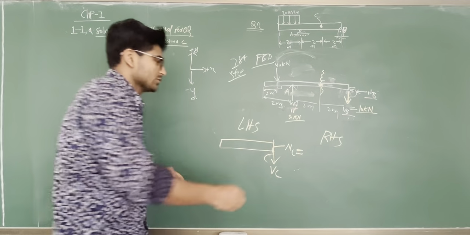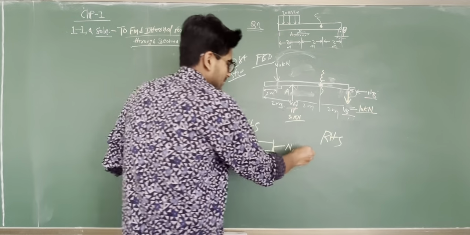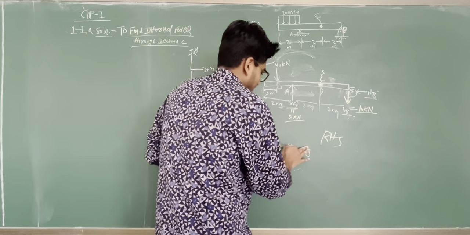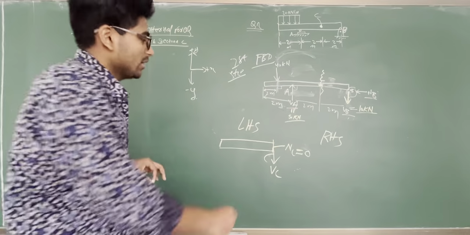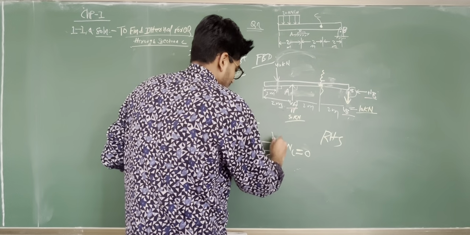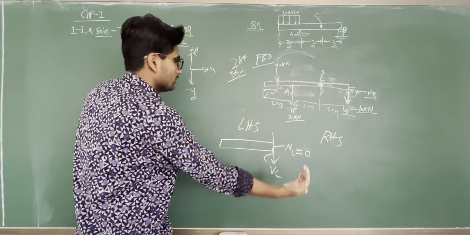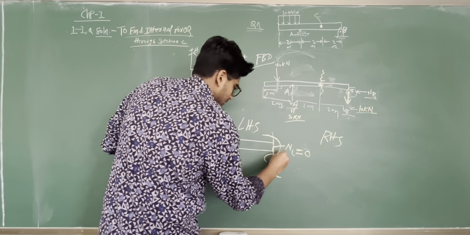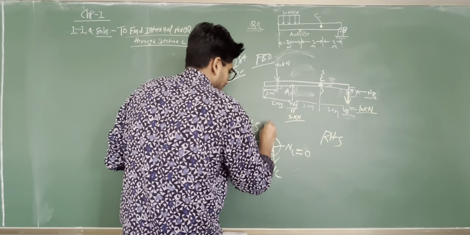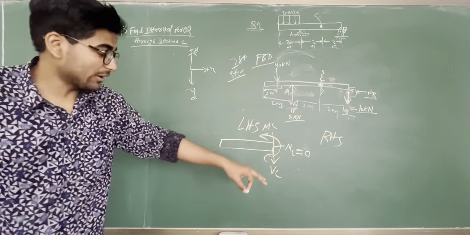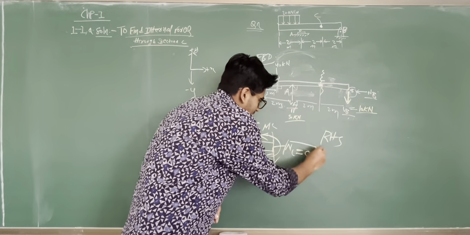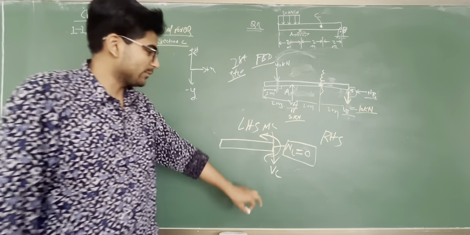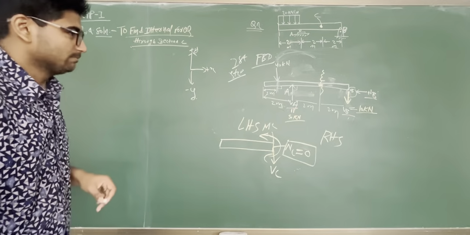No. So NC equals to 0 directly, because there are no horizontal forces. And there will be a moment. Since we are taking the left side, the moment will be like this. So this is MC. We already found the axial normal force N equals to 0. We have to find VC and MC.